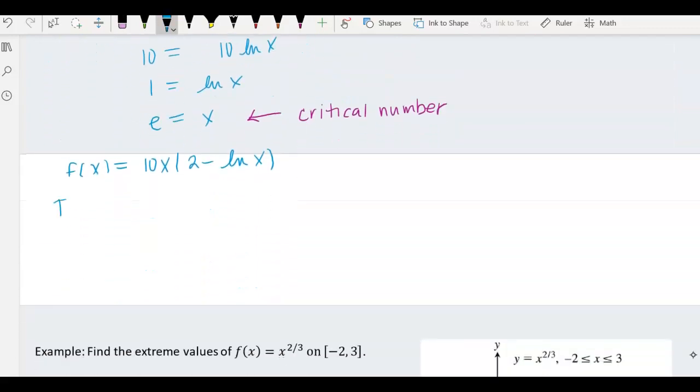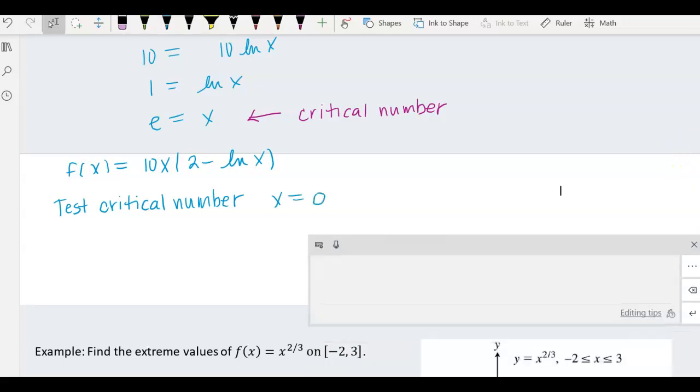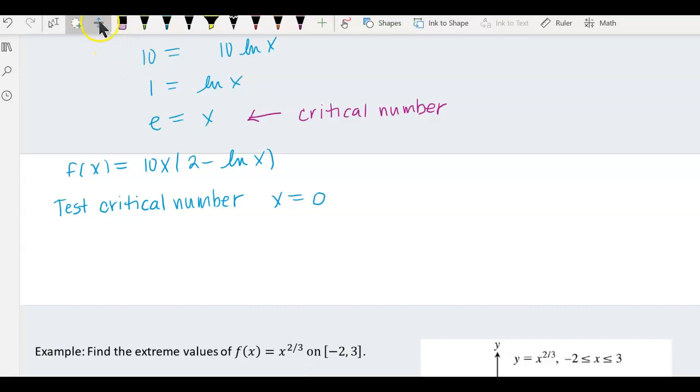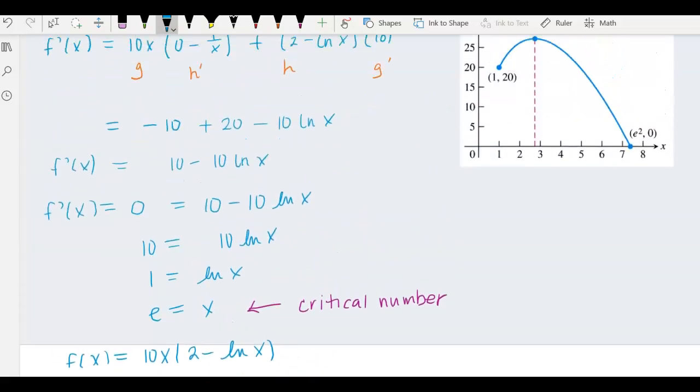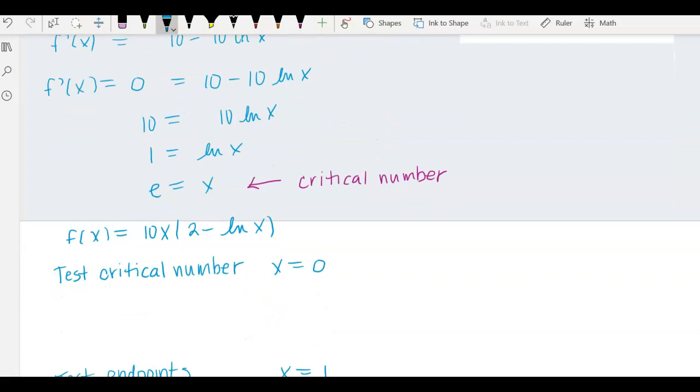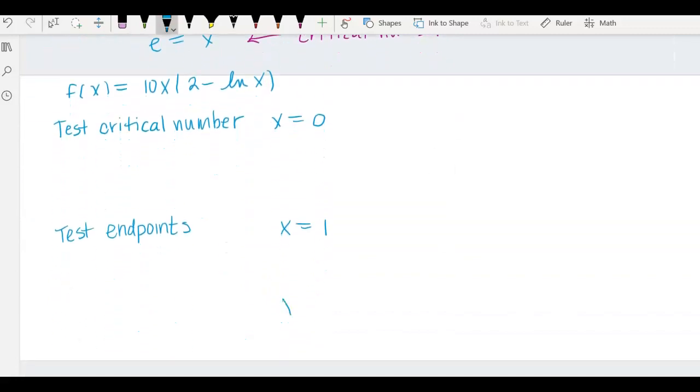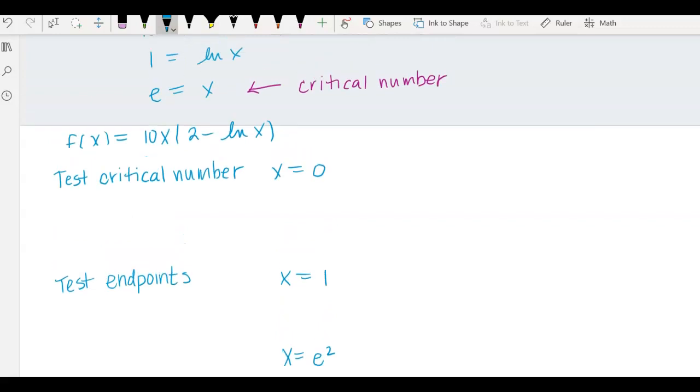So we're going to test the critical number x equals e. We're also going to test the endpoints, x equals 1 and x equals e squared. We're plugging them into the original.